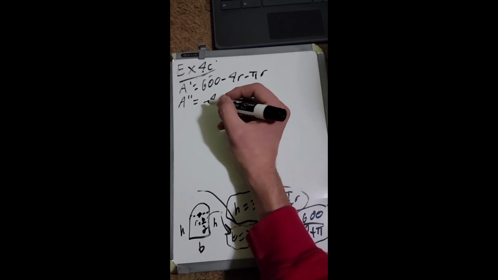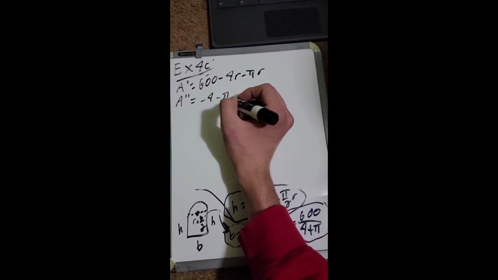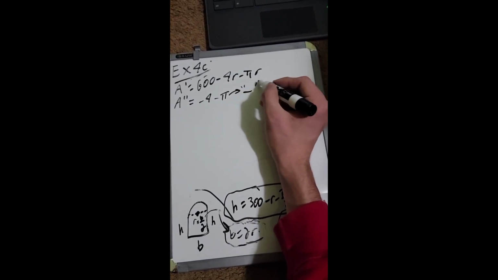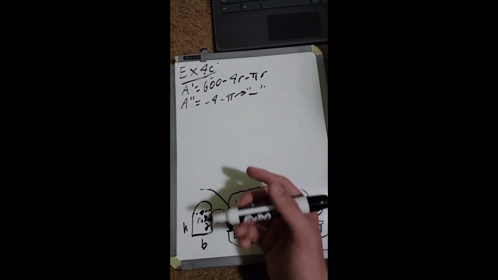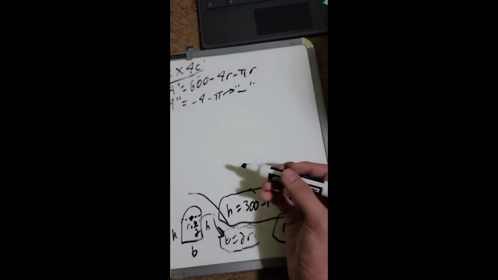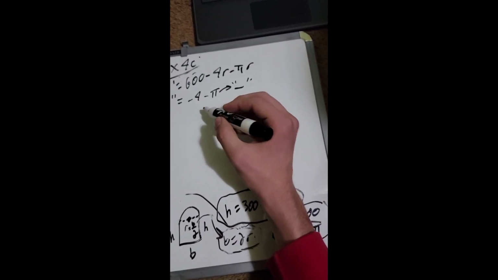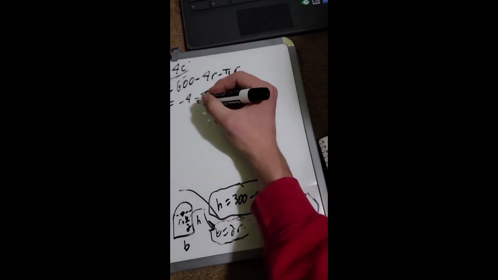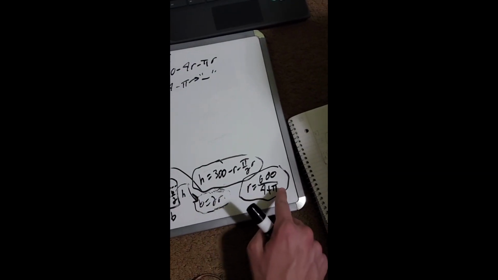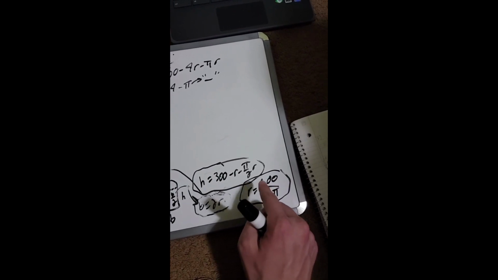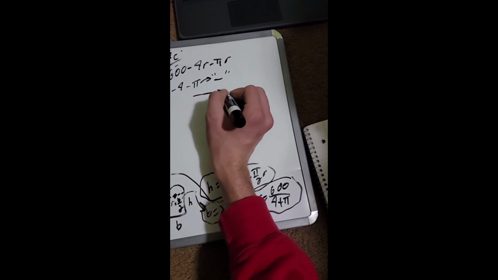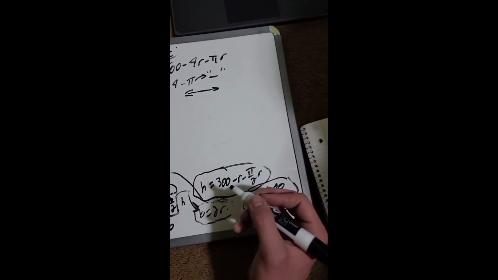Now, simple, right? So you have a negative number minus another number. So no matter what, this is negative. There's no variables in it, so this is just a constant negative slope. So what all this information tells us is that at r equals 600 over 4 plus pi, we are going to have our slope, this is for your first derivative, equals 0.